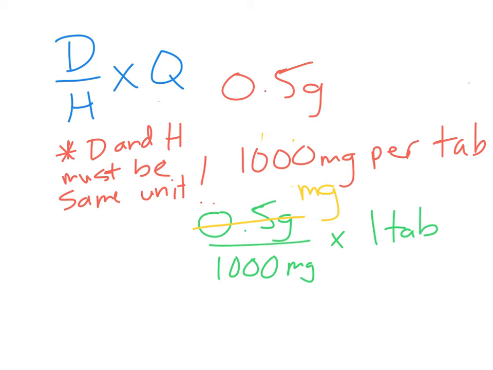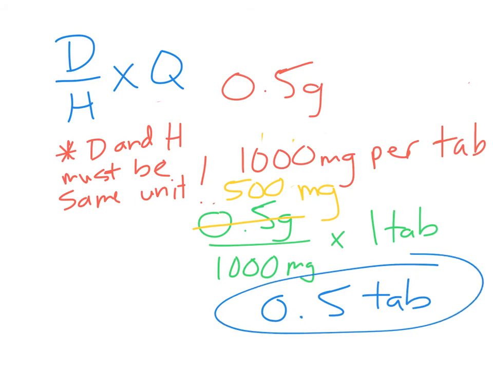That again is 3 places to the right, or times 1,000. That would make 0.5 grams the same thing as 500 milligrams. So when I take 500 and divide that by 1,000, that gives me 0.5 times 1 is still 0.5. So my answer here, they would just take half a tablet daily. So 0.5 tablets is my answer there.